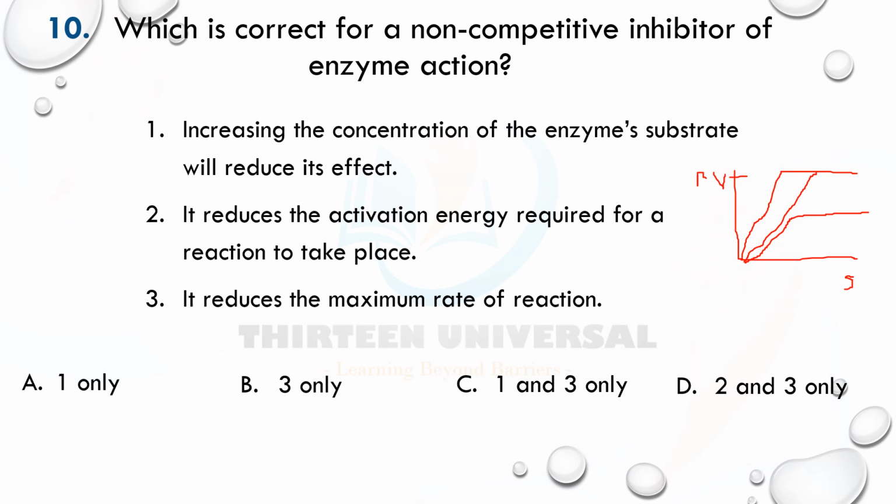It reduces it to this, another V. So it reduces it from the highest to a lower value. That is what a non-competitive inhibitor does. So three is the only correct answer here. So the answer is B.